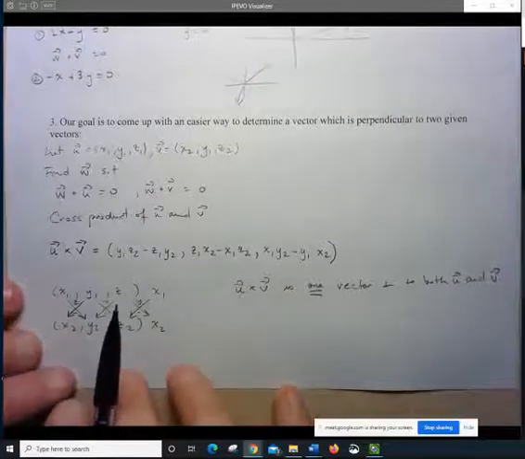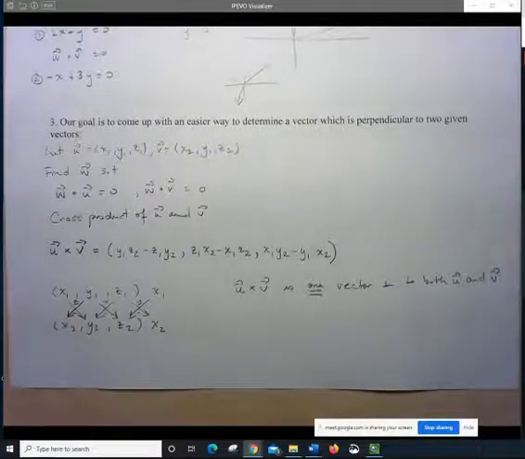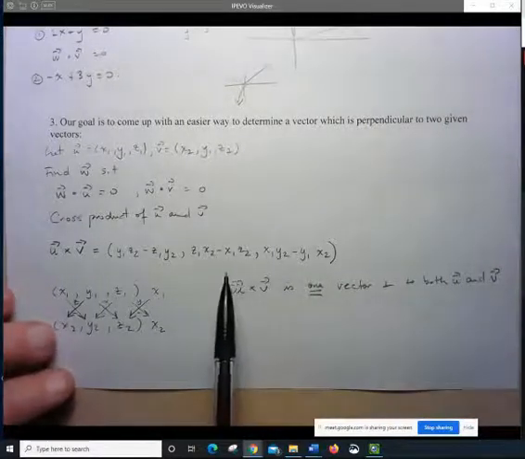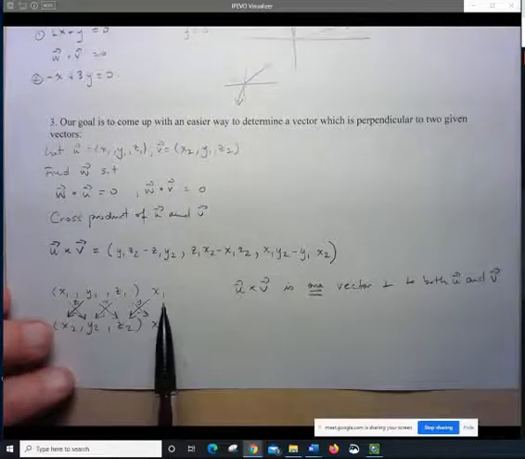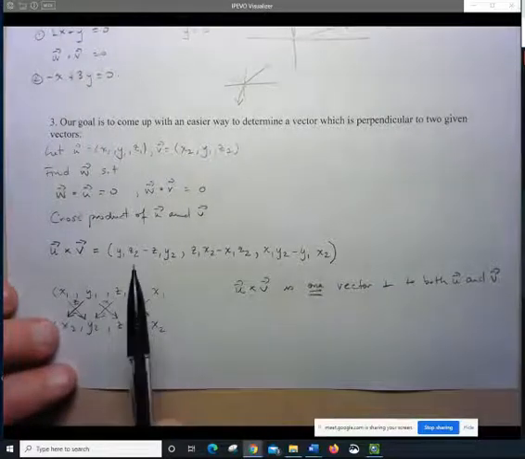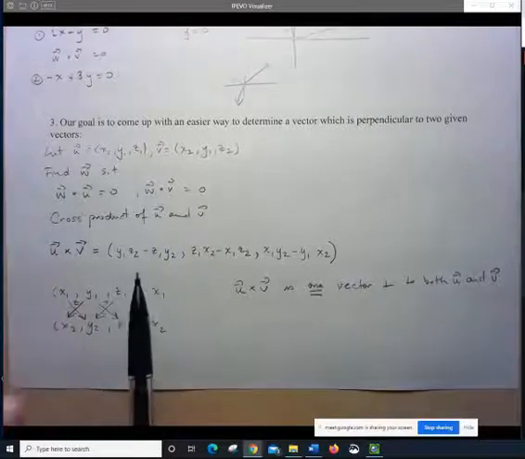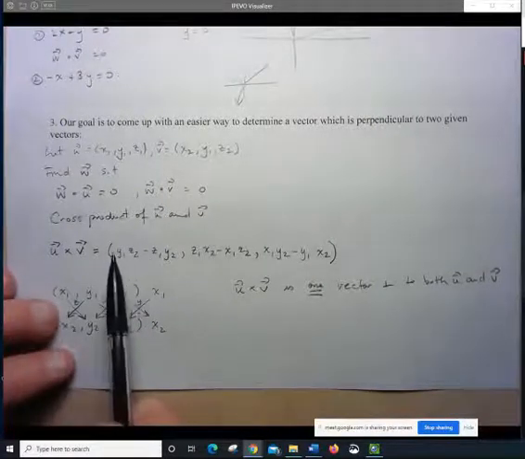Yeah, Tony. So when determining the y component, does it have to be z1 times x2 minus x1 times z2? Or would z2 times x1 give you a different result? Because there's a subtraction, yes, it would. Does it matter if these two things are interchanged?